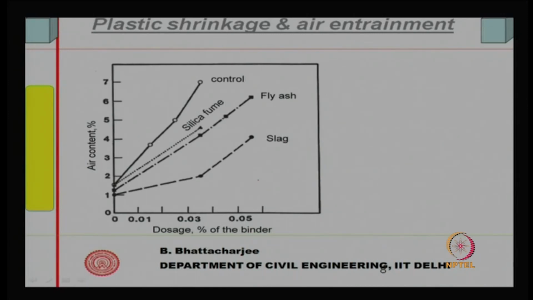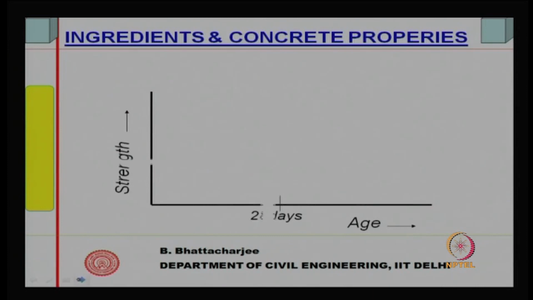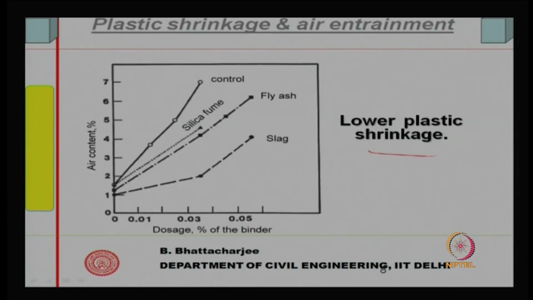So, first, let us say we will have lower plastic shrinkage. That is because water is retained, relatively water is retained and the volume changes are relatively less. So, they can hold together the water, and therefore, the overall volume change is less.